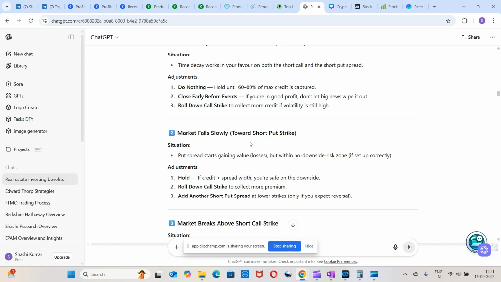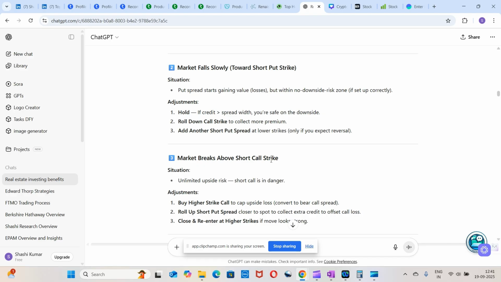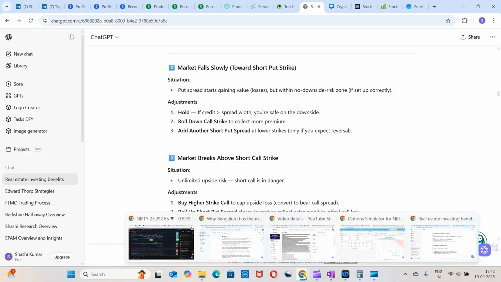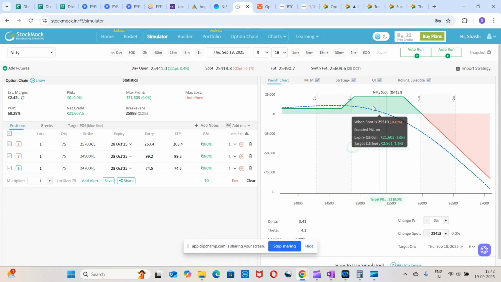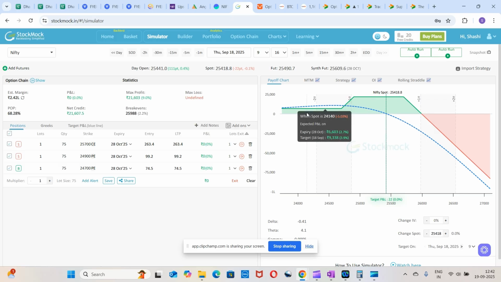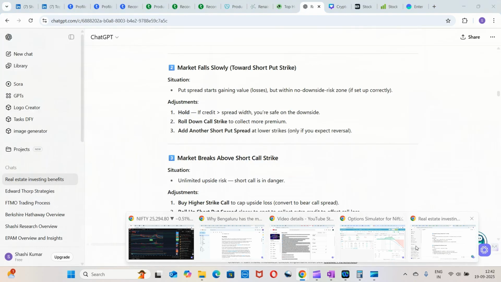Second scenario: the market falls slowly towards your short put strike. The put spread starts gaining value, but with no downside risk. The market is falling down towards your short put, but here you have no downside risk. You'll make profits only, even if the market is falling, so you need not do anything there.